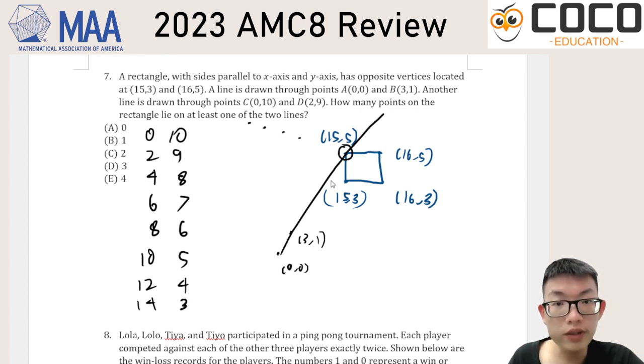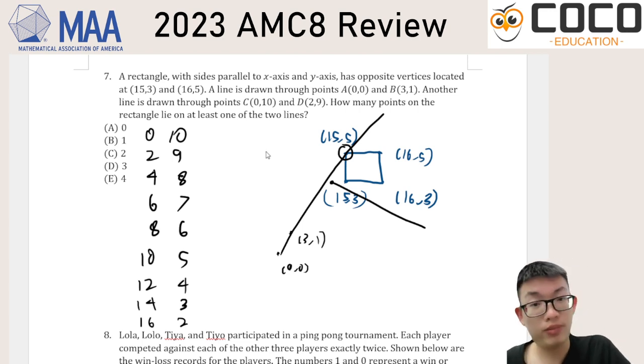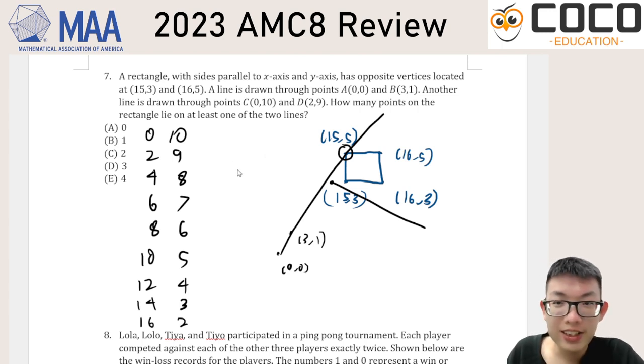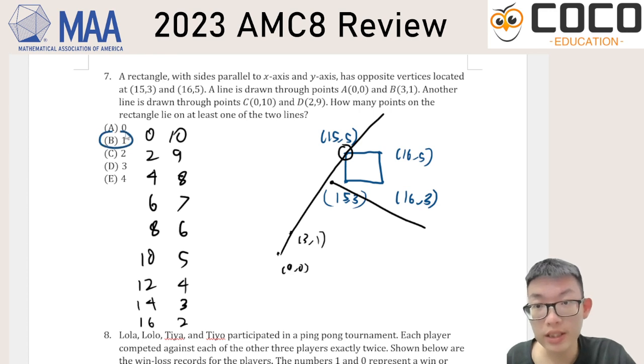And 14.3 means that it's here, and then by the time it gets to 16, it's at 2. So this is just going to be under, which is why I wasn't too concerned with getting things to scale. It doesn't intersect at all. So therefore, there is only one point which is lying on one of the two lines, and that is the vertex 15.5, giving us B once again as our answer.